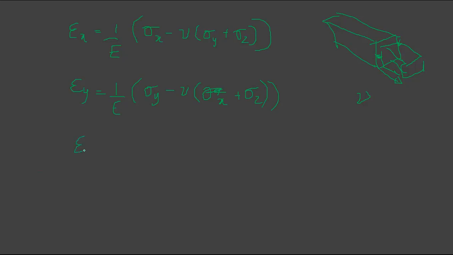And sigma, sorry, sigma not epsilon, epsilon is said, stress is going to be E sigma z minus Poisson's ratio into sigma x, so this gives you sigma y.